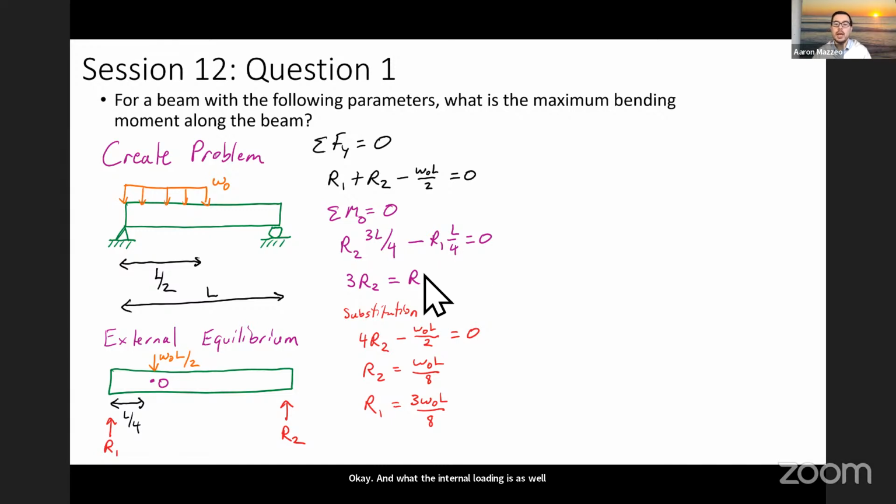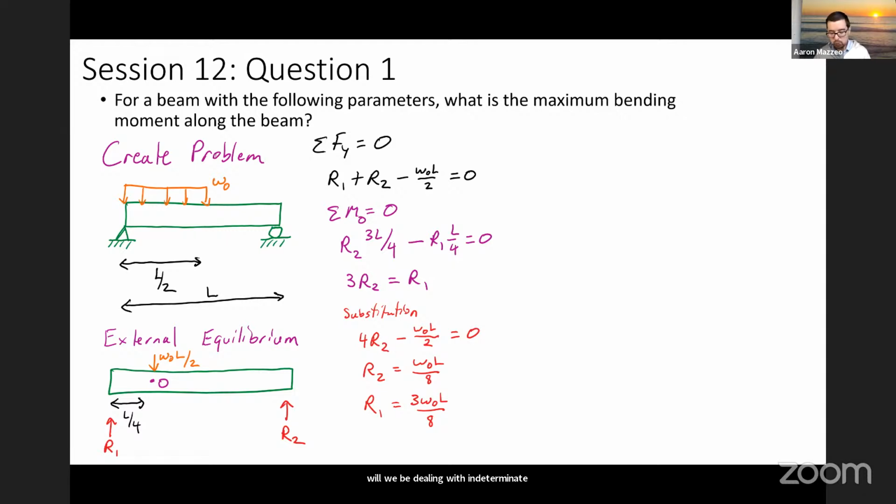In more math-like terms, the number of equations was equal to the number of unknowns. We didn't know what both of these reaction forces were, R1 and R2, but we had one equation from the force equilibrium and one equation from the moment equilibrium that allowed us to figure out R1 and R2. And in fact, not until the very end of the class will we be dealing with indeterminate problems with beam bending.